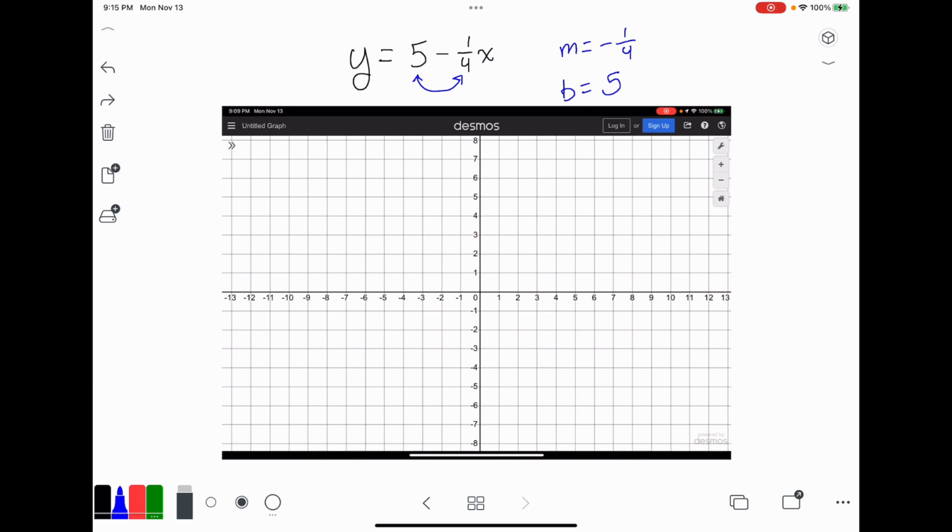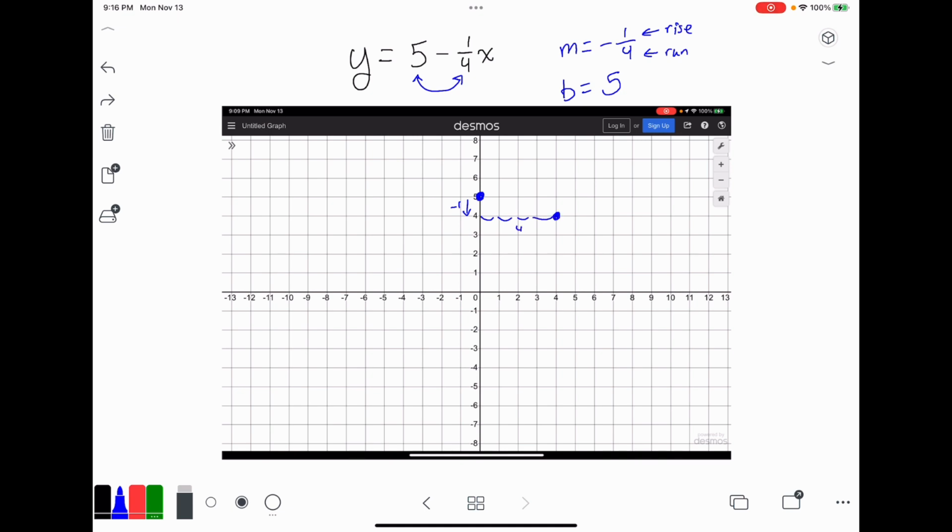So we know the y-intercept is 5, so immediately we can plot that y-intercept right there. Now keep in mind, the slope is negative, so that means as we move to the right, we have to go down. So this means we're going to rise -1 and run 4. So we're going to now go down 1 and to the right by 4.